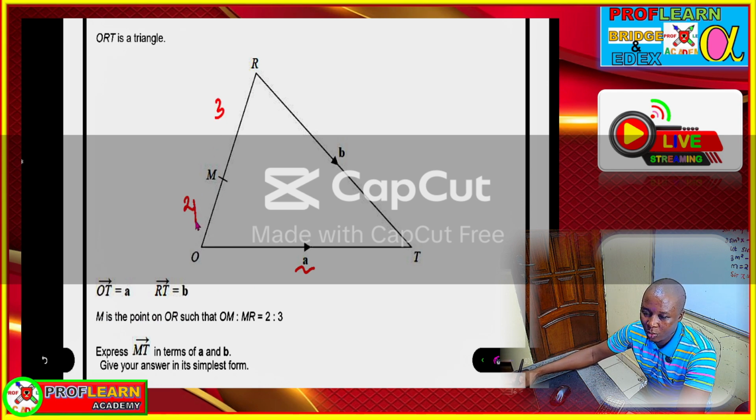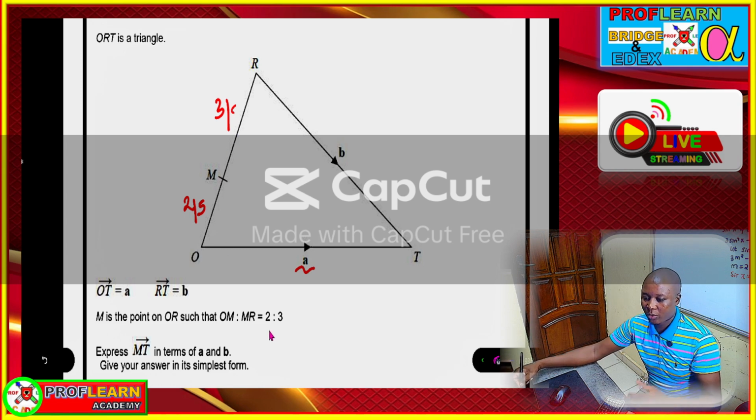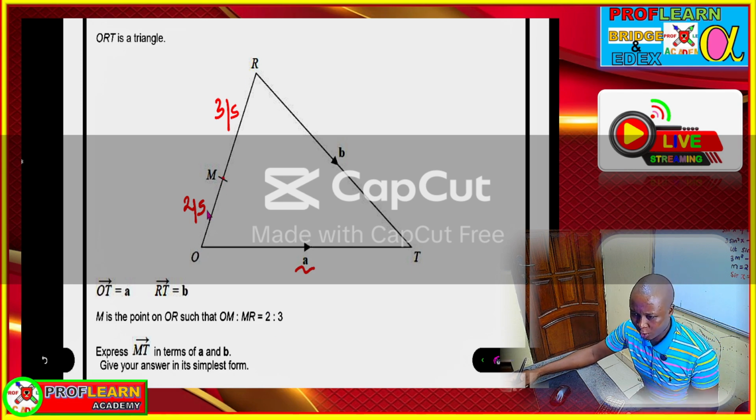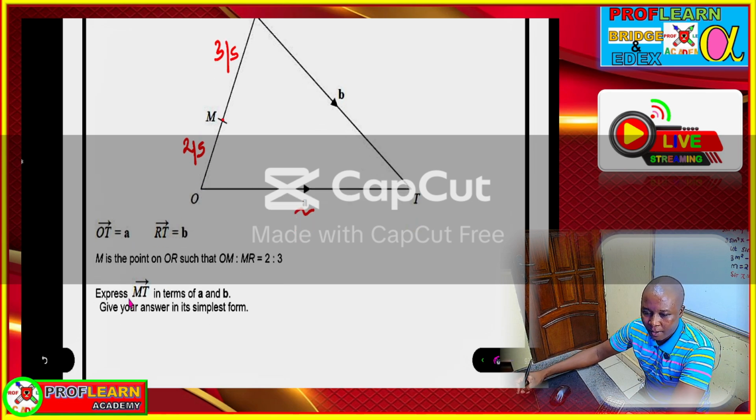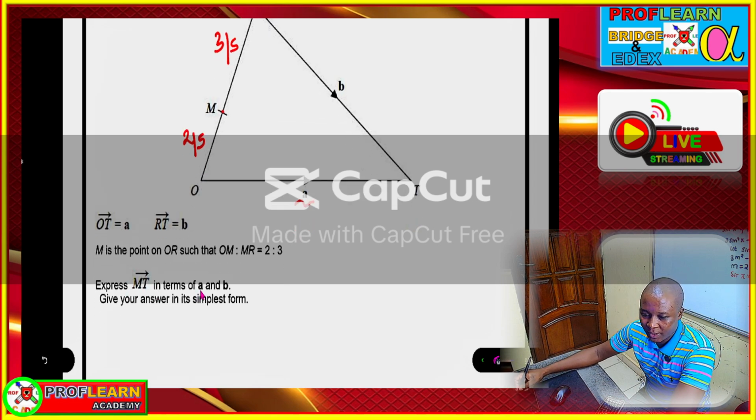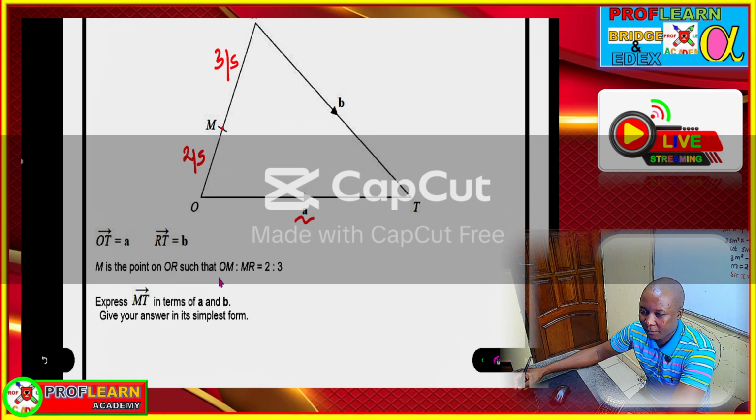So we can say 2/5 and 3/5. The total ratio here is 5. So we can say this point M divides OR in 2 parts. Express MT in terms of vectors A and B. We are finding MT.